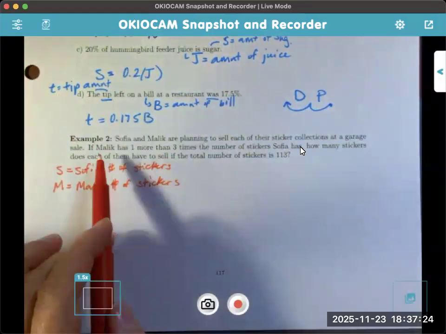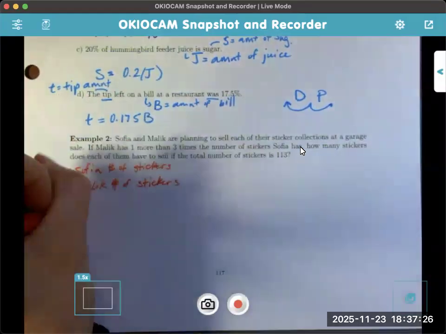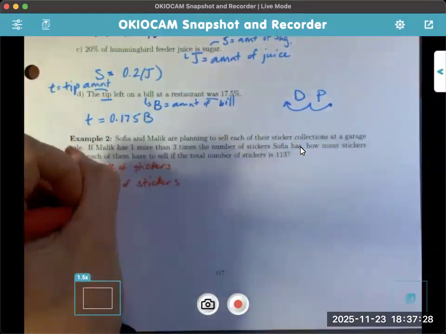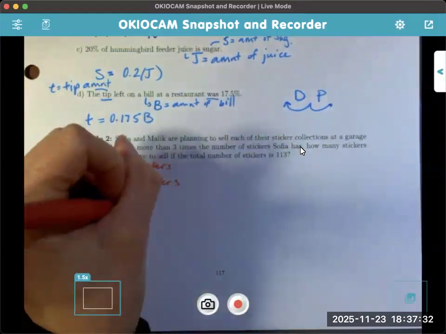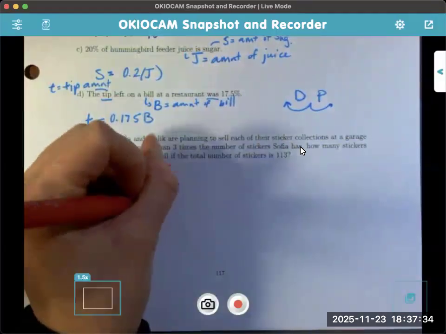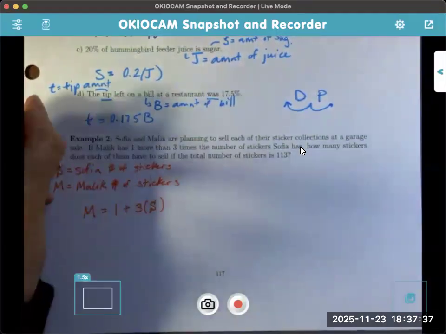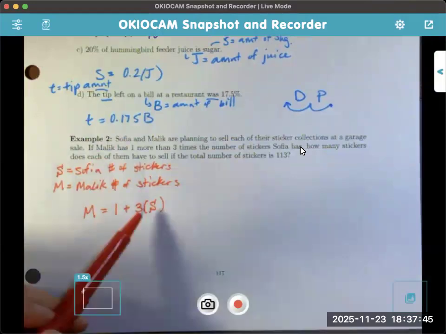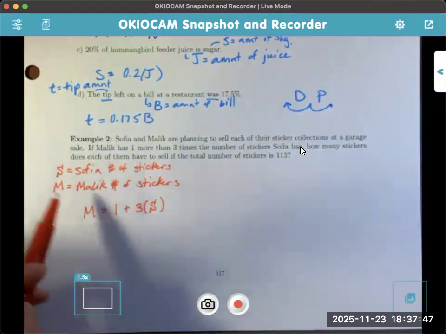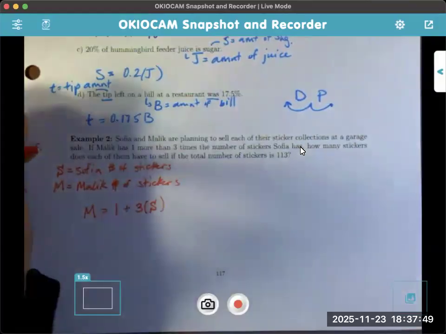So again, we have Malik has. So M equals one more, so one plus three times the amount of stickers that Sophia has. Okay, so M equals 1 plus 3 times S. I give my S little feet just so that I know what's an S, what's a 5, right?